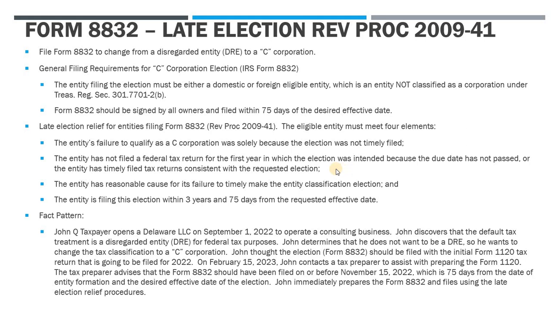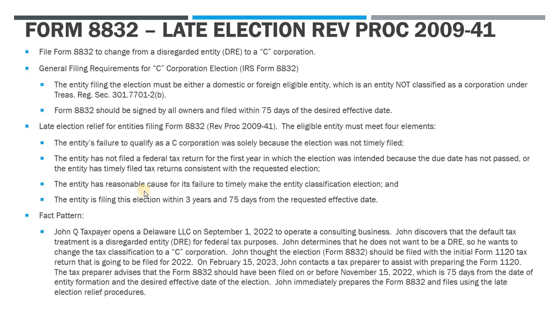What does that mean? That means that, okay, maybe we're beyond the first due date of the return, but we did file it anyway. So we filed a tax return for a C Corp, we filed the 1120, but we forgot to do the 8832. If you've been filing tax returns consistent with the election, that's okay. You can still file this election late. The 8832 can be filed late.